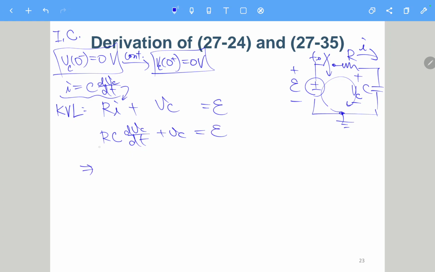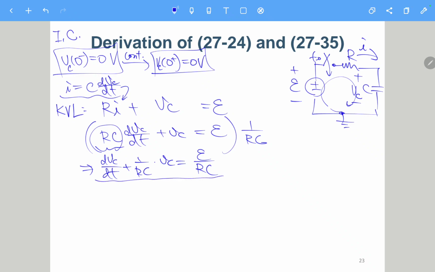Okay, so let's try to normalize it, because we usually want the leading coefficient to be 1. So we have dVC/dt plus 1 over RC times VC, which means that we divide both sides by RC. Okay, so it becomes something like this. This is a constant coefficient ODE. So the first thing is to solve for the homogeneous equation, which means that we let the right hand side be 0.